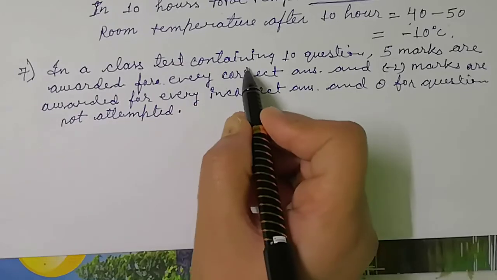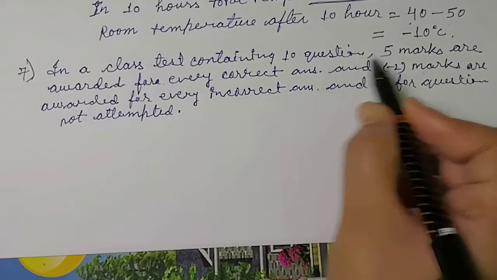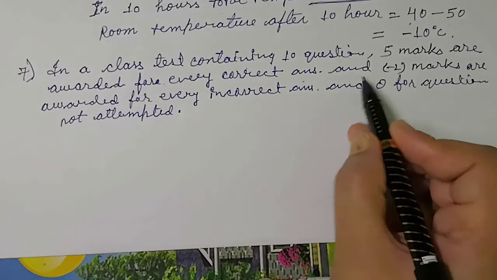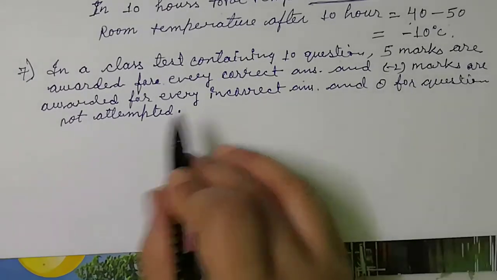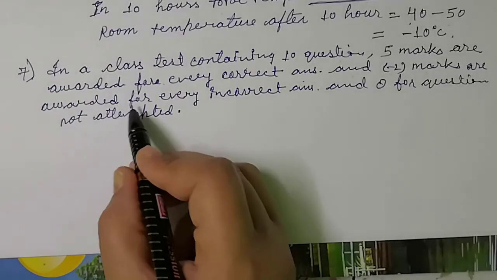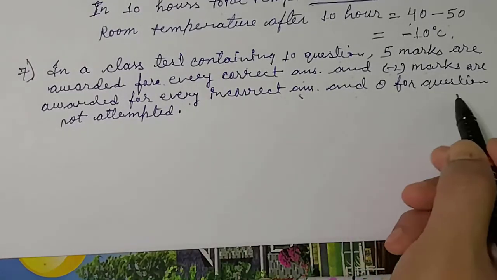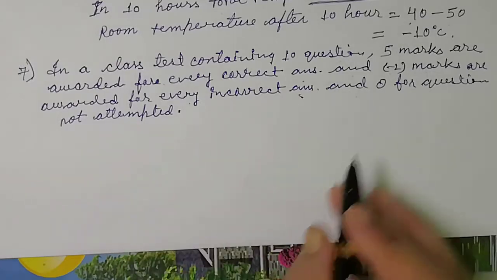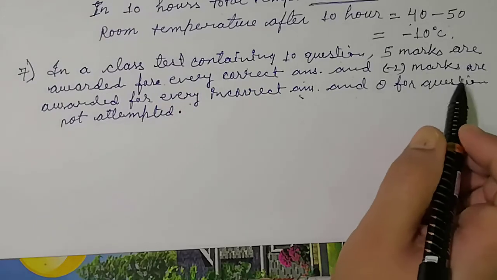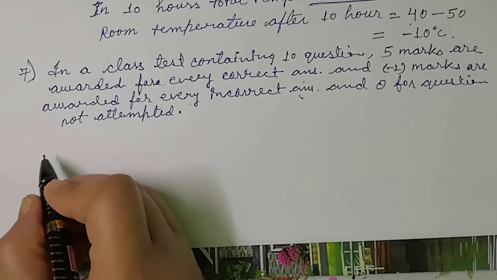In a class test containing 10 questions, 5 marks are awarded for every correct answer, minus 2 marks are awarded for every incorrect answer, and 0 for questions not attempted. That is, 5 marks for each correct answer, and minus 2 for each incorrect answer.